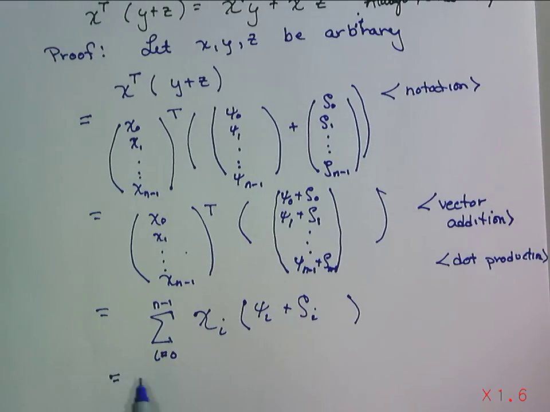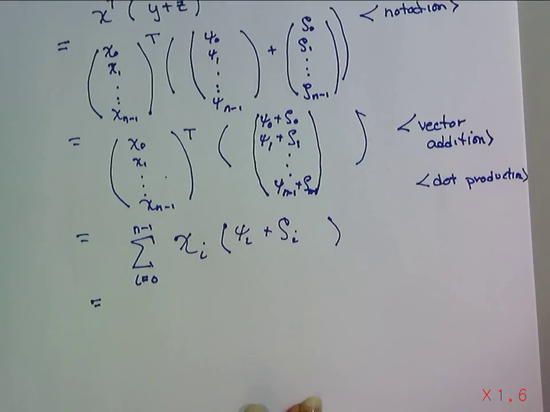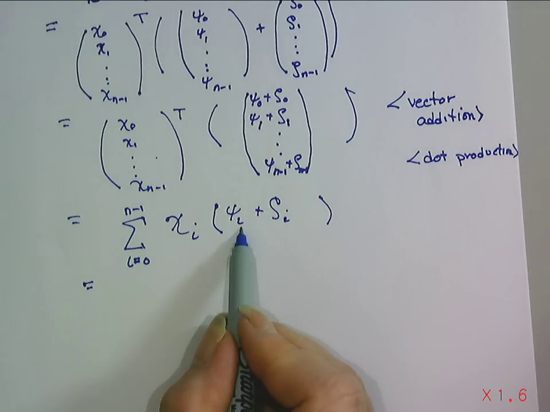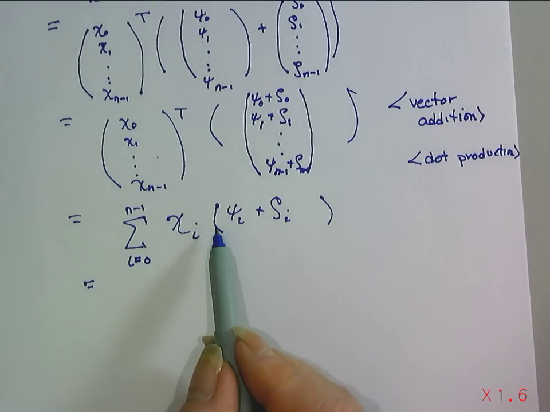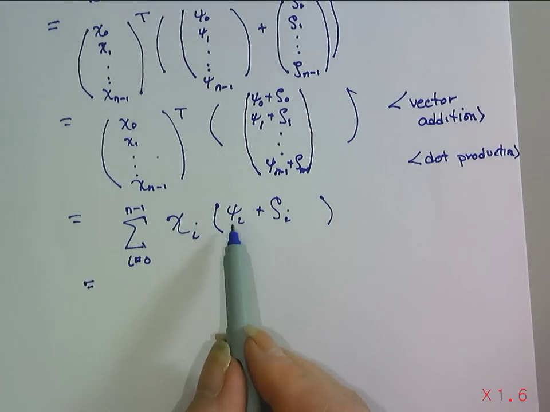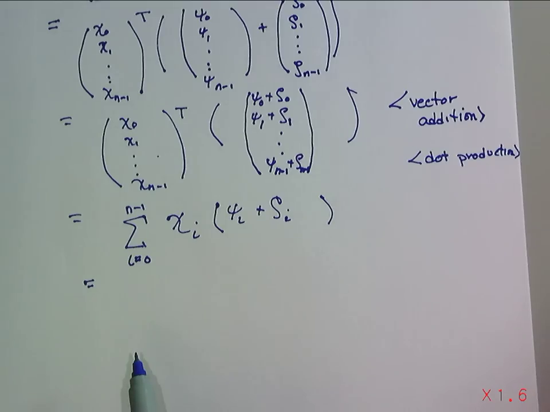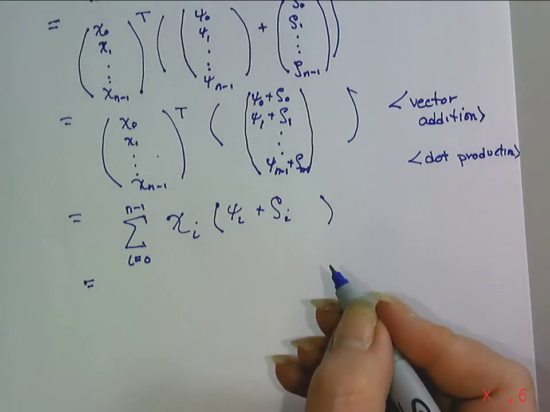But again, these are just real numbers. And what do we know about real numbers? Well, one thing we know is that multiplication distributes over addition on real numbers.